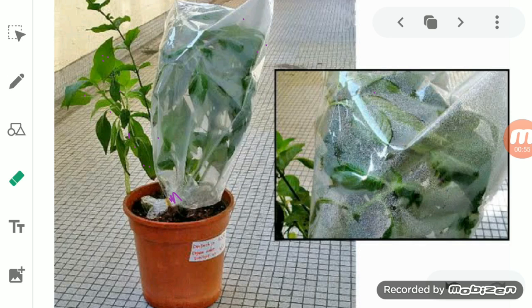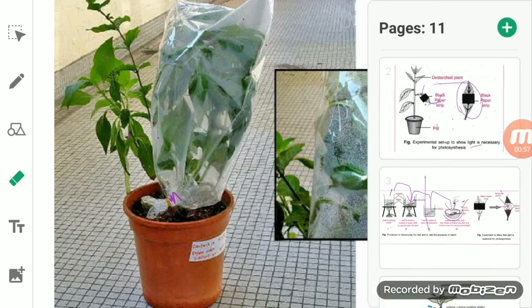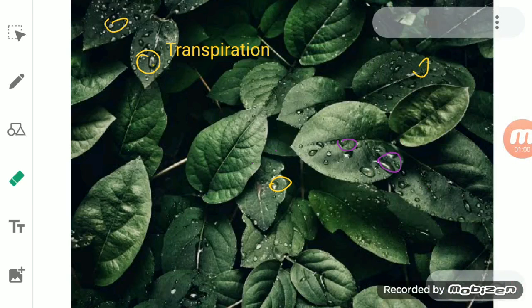So we can see that these water droplets present on the surface of the leaf, which we call dew in the morning, are due to the process of transpiration, where the water vapor, due to the low temperature at night, gets converted into water drops and remains on the surface of the leaves.